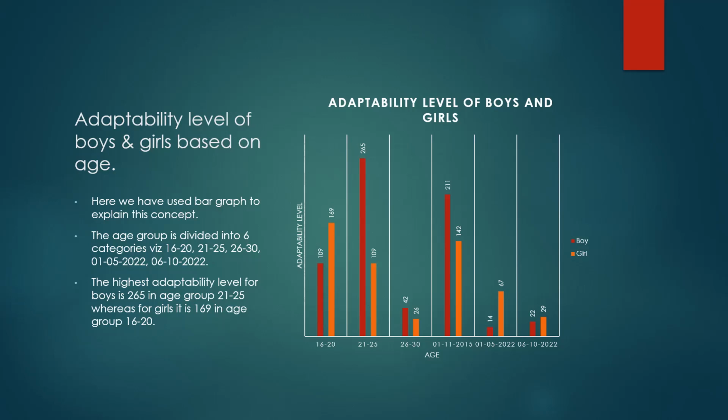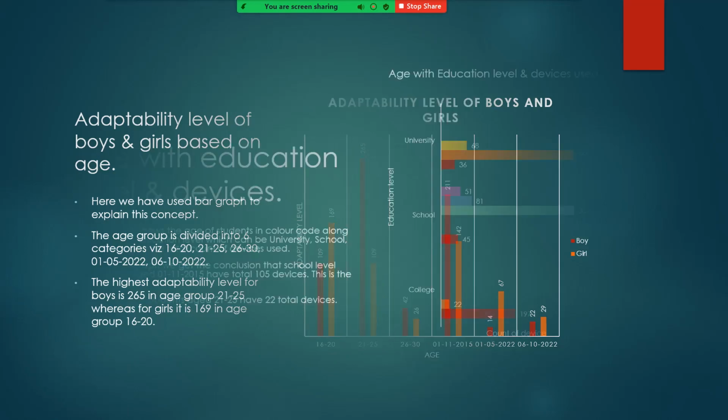These are the children who are born from that, you could say. The highest adaptability level for boys is 265 in the age group 21 to 25. And for girls, it is 169 in age group 16 to 20. So I hope this solves some of the problem statements which we mentioned earlier.